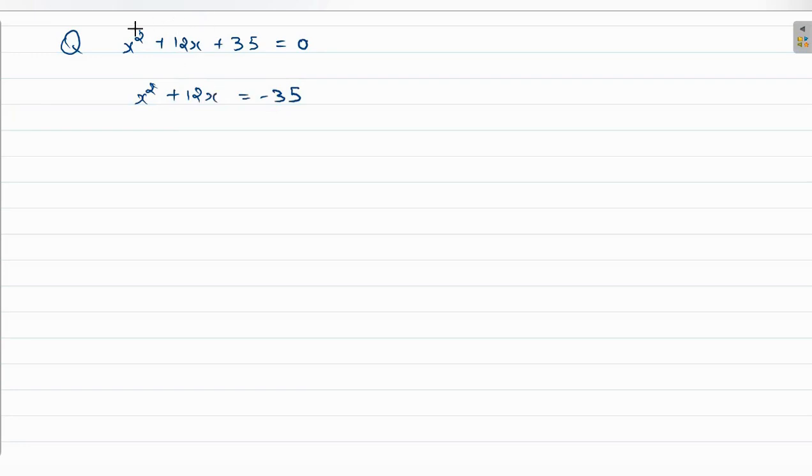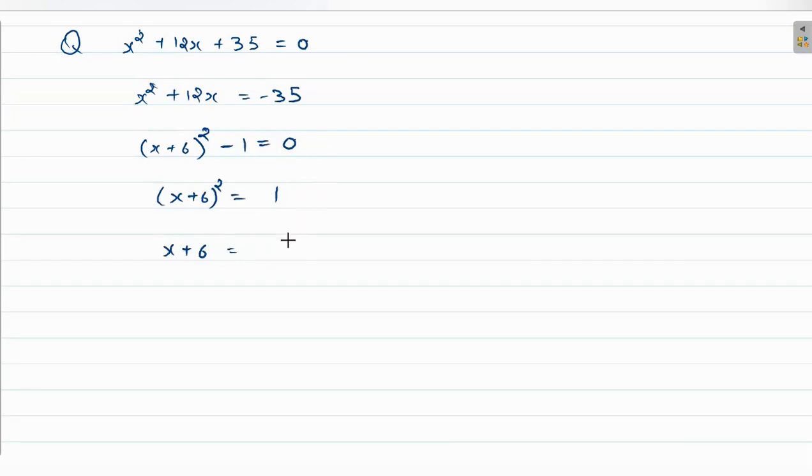x squared plus 12x, so x plus 6 whole square minus 1 equals to 0. Perfect. And then you can say x plus 6 whole square will be equal to 1. And then x plus 6 will be equal to what?